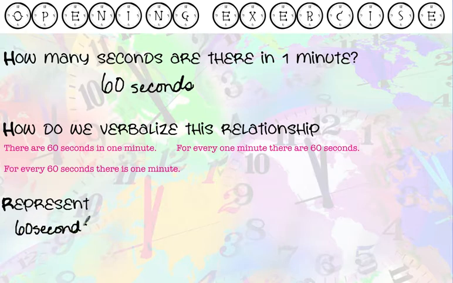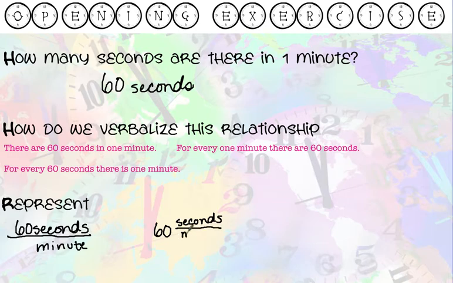If I said 60 seconds over 1 minute, or even without the 1 in it, would that be the same as putting the 60 out in front and then just putting the label seconds over minute?